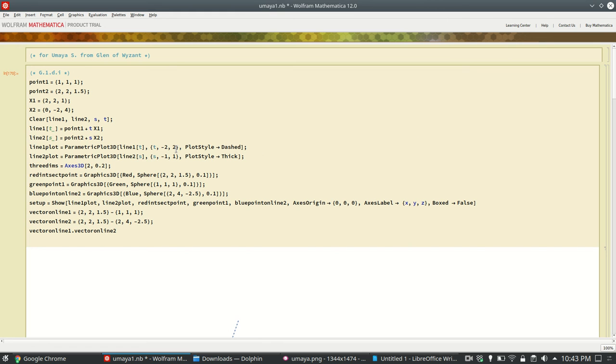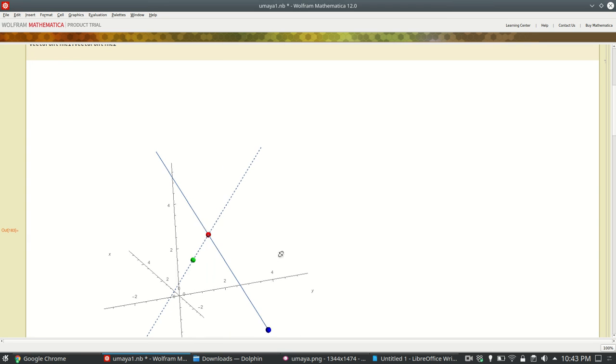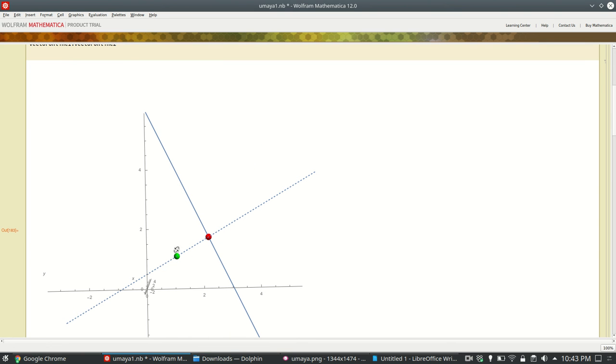In your homework, they defined the valid values go from -2 to 2 for t, and from -1 to 1 for s. So I just picked some number in there and substituted in, and I got these points. I got a blue point for line 2. I got a point, I colored it green for line 1.